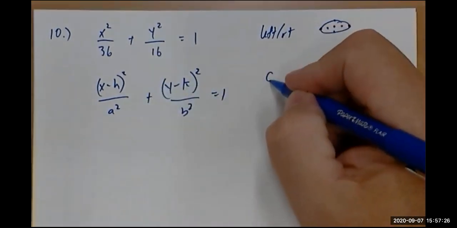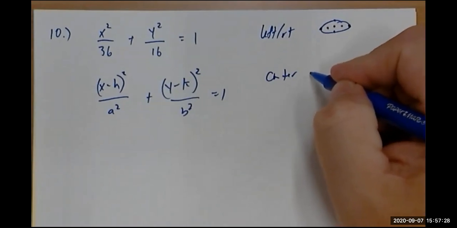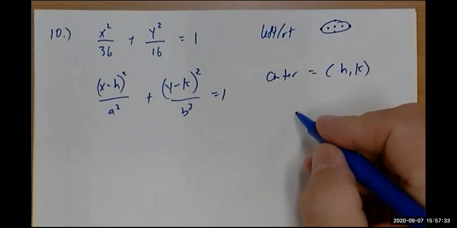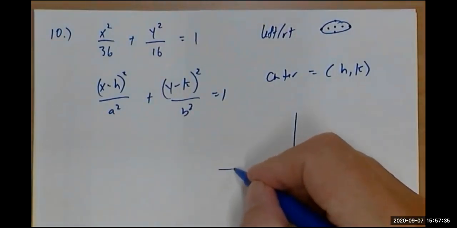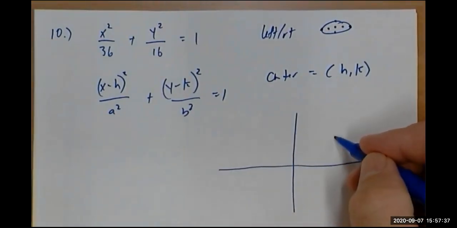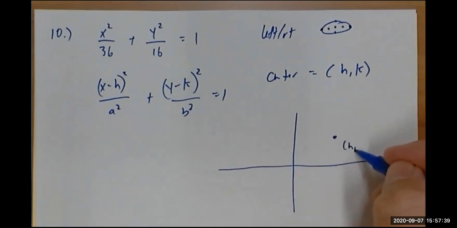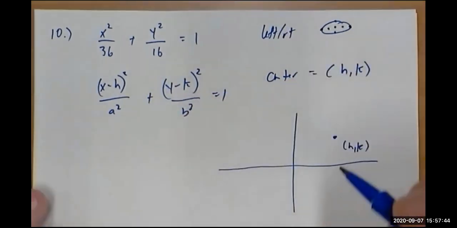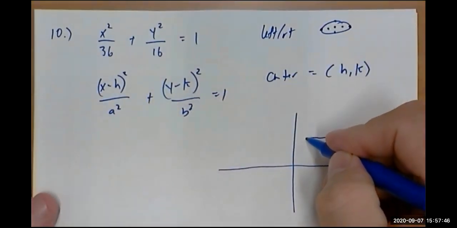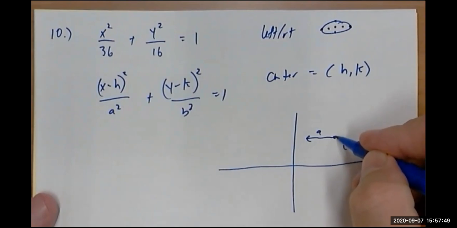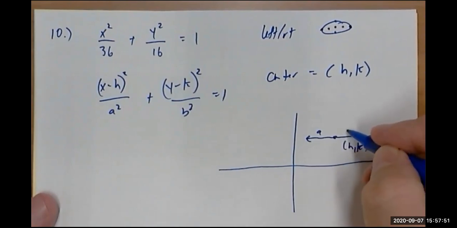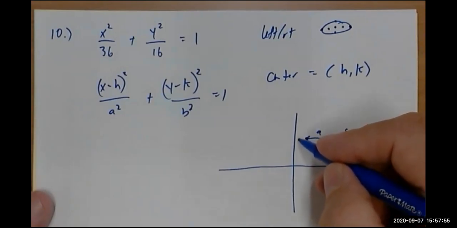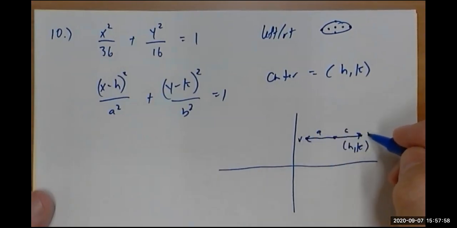The center of an ellipse is (h, k). So let me just do a quick sketch. If you have a center of an ellipse, which is (h, k), say this is a left or right ellipse, A is the distance to each vertex.